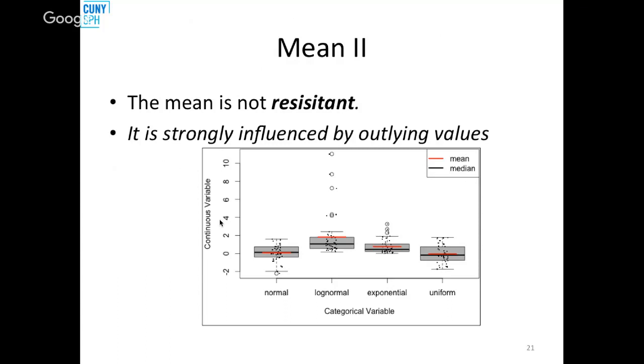What's that? The box is not divided symmetrically in the uniform. Yeah, that's true. This box is not divided symmetrically. Why is that?